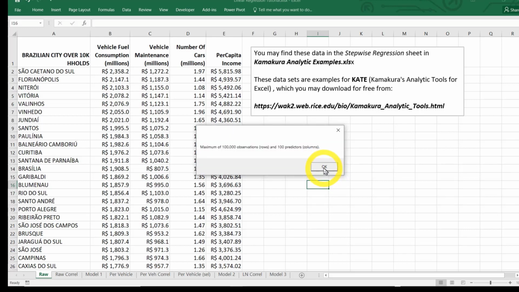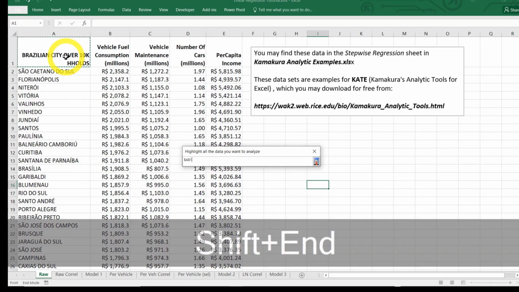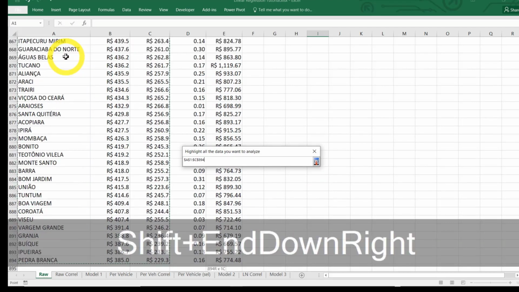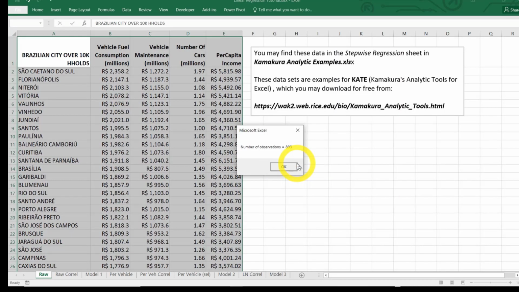Here are some limitations in the number of observations and number of predictors. You can now highlight the data. Must have variable labels on the first row, subject IDs on the first column. Second column must have the dependent variable.